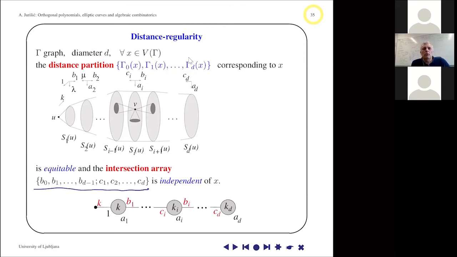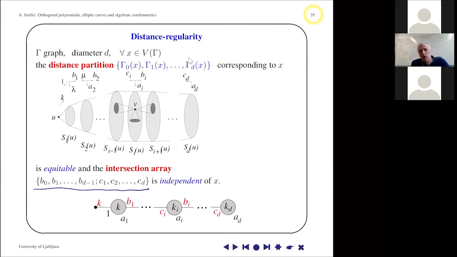These are the b_i and c_i, the constants, so that when we take a distance partition and go from the i-th to the (i+1)-st sphere, we have b_i neighbors there. But if we go back to the (i-1)-st sphere, then we have these constants c_i.